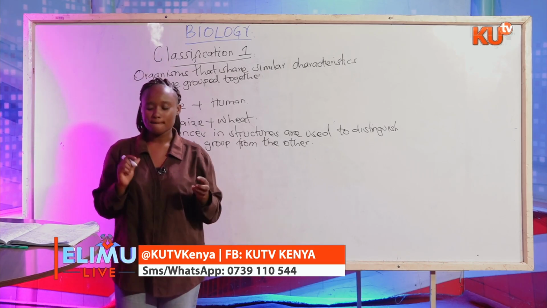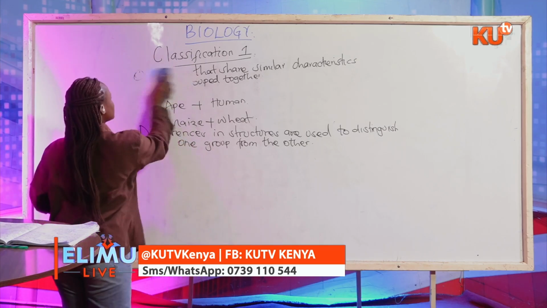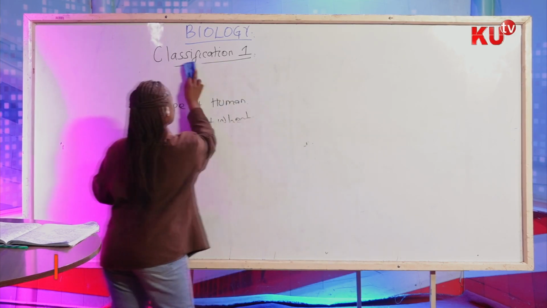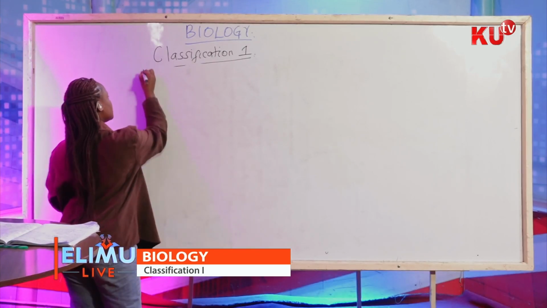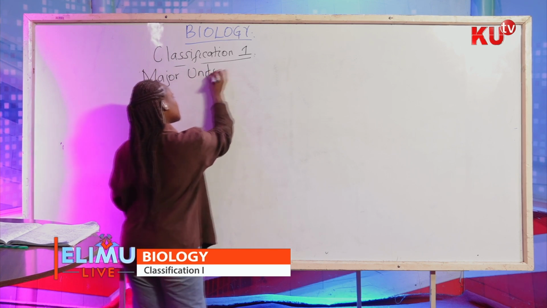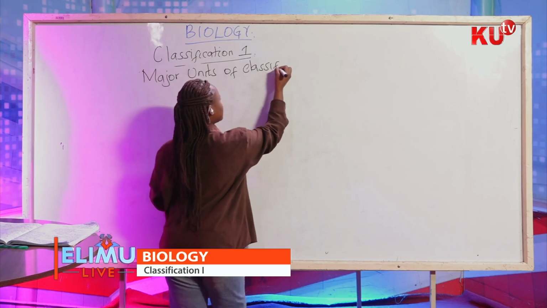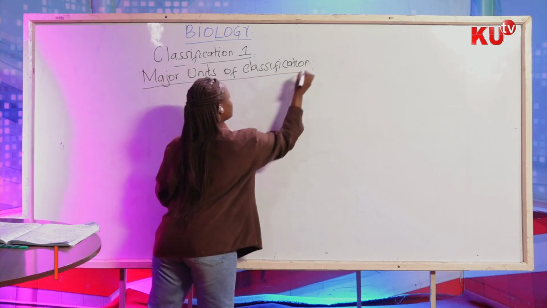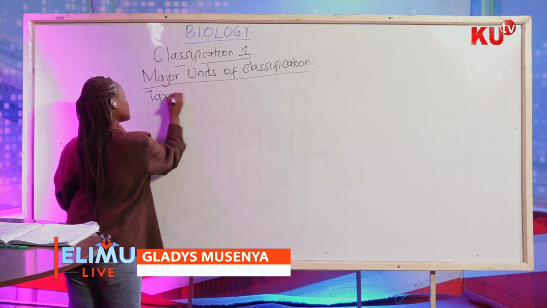Now we go to major units of classification. We have a term called taxonomy.